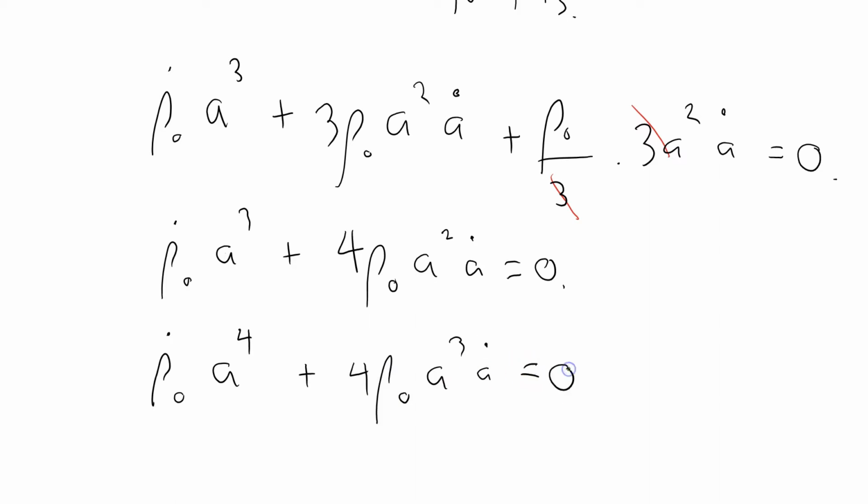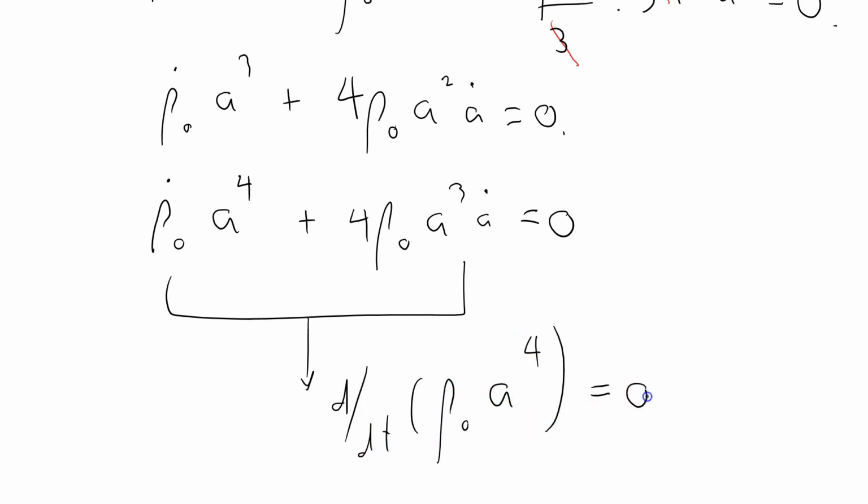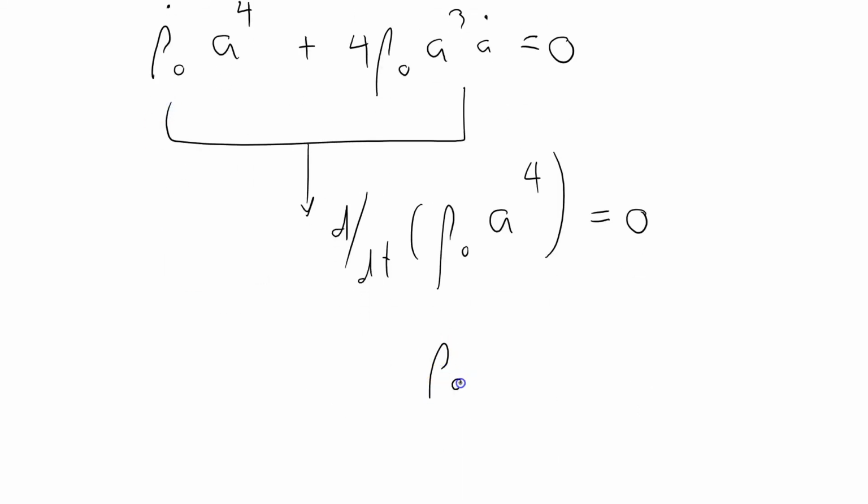Equals 0. And so that's a total derivative now. So d by dt of rho 0 a to the power 4 equals 0. And so what that tells me is that rho 0 a to the 4 equals a constant for a photon gas.